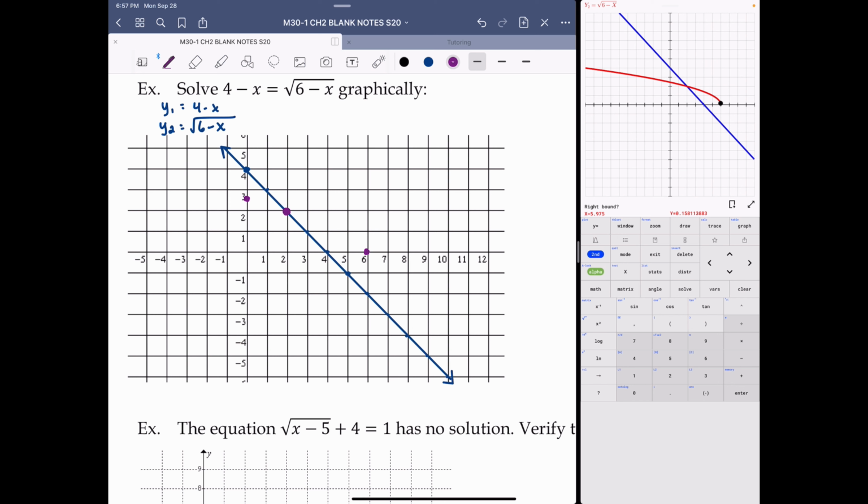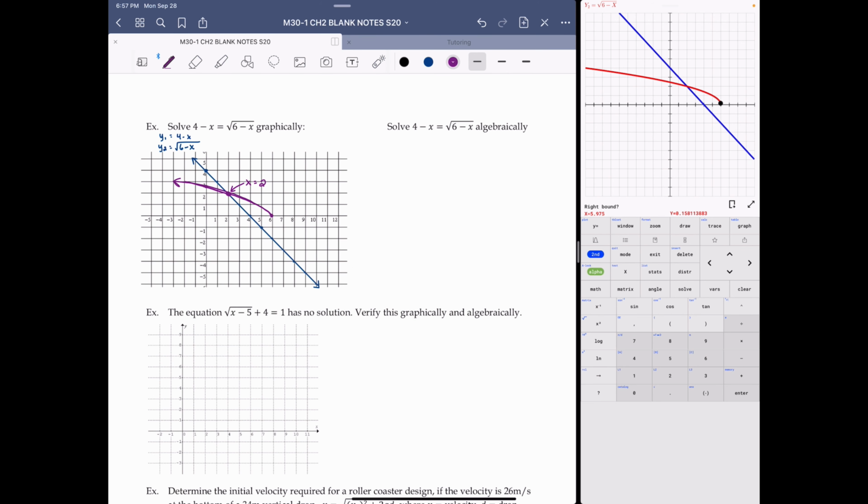And then we can sketch our graph. And there we have it. So our solution is the x value of the intersection point, x equals 2. Then we want to solve algebraically.